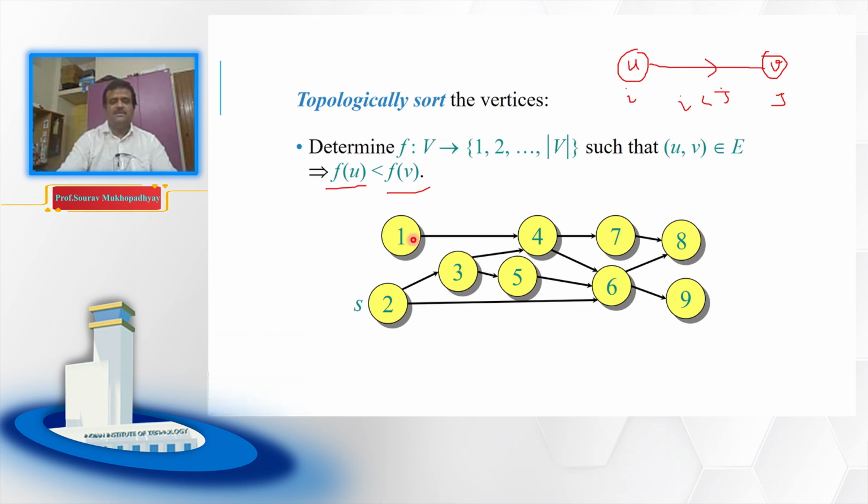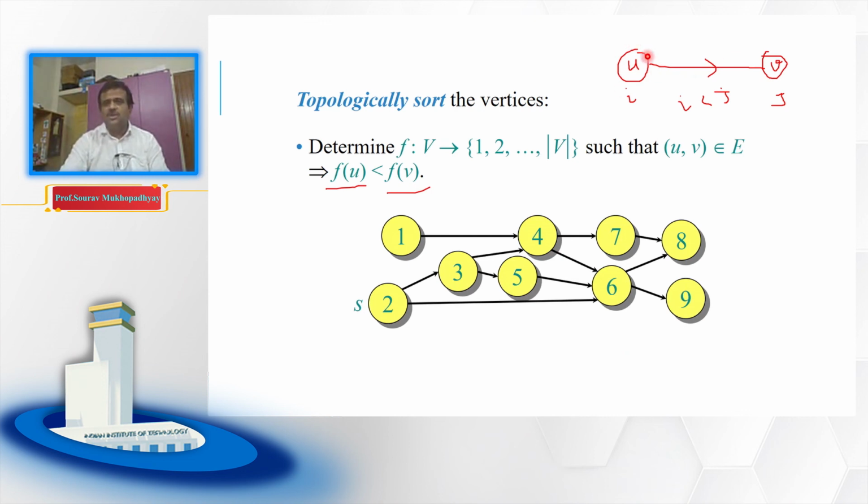So, this is one example of a topological sorting of the vertices. We can give this vertex number 1, then this is 2, this is 3, this is 4. You check any edge, say this edge, this is 4, this is 7. So, we are preserving this ordering. This is called a topological sort of the vertices. We want to do this for job scheduling, where the vertices are the tasks and the edges are the dependencies.